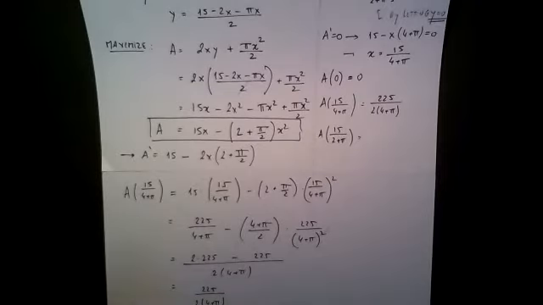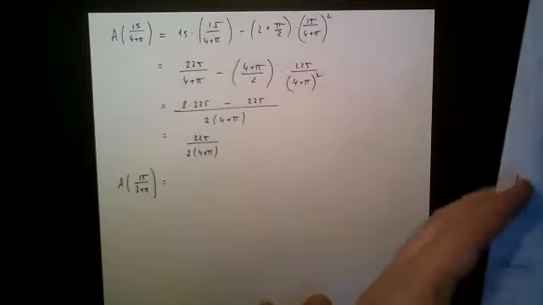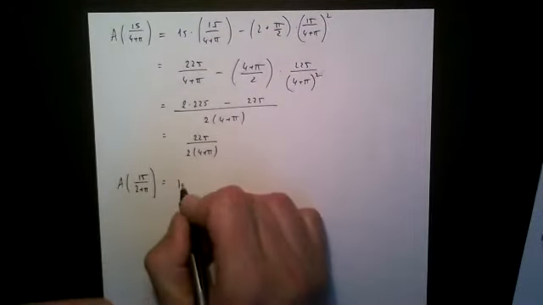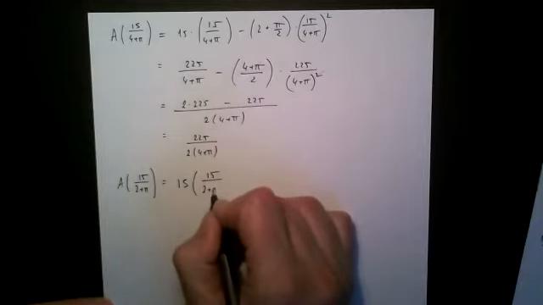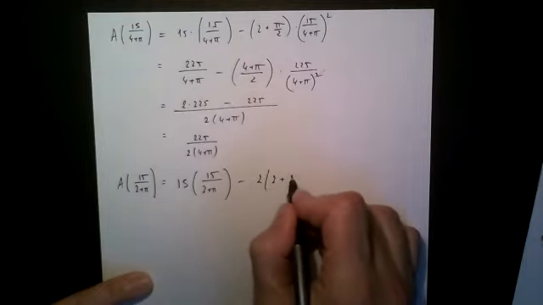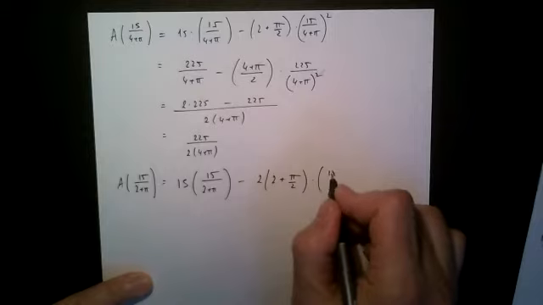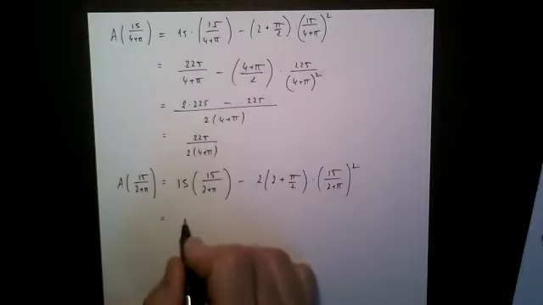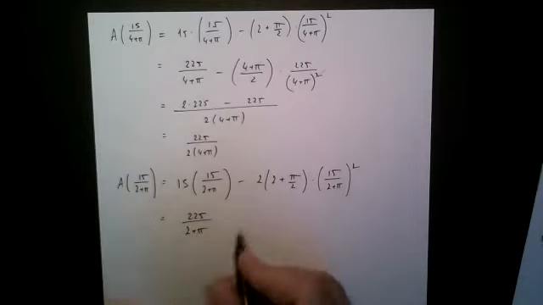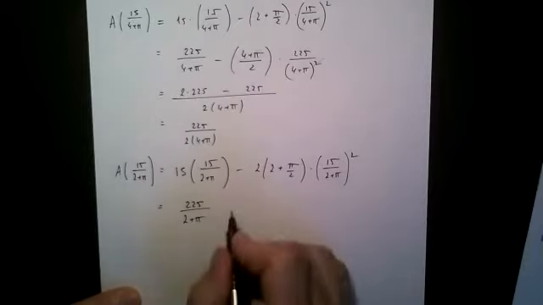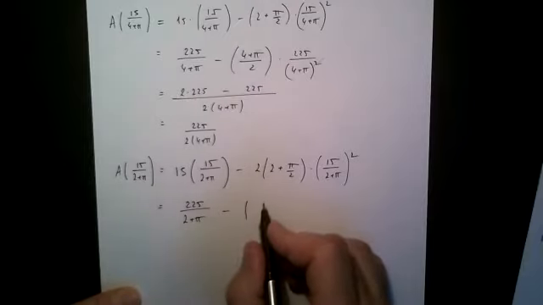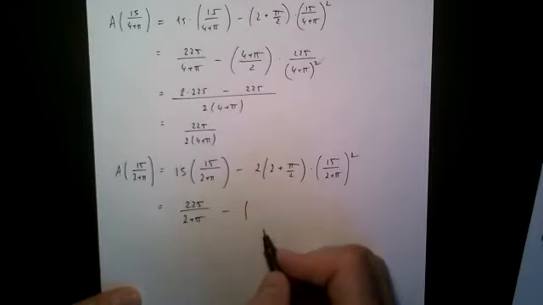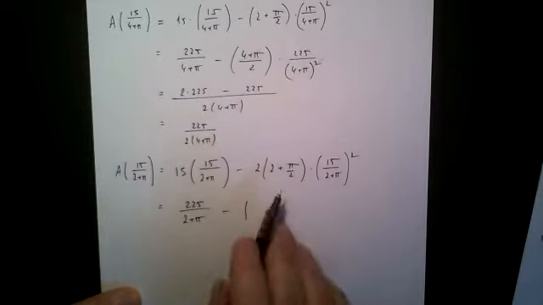I have to move up the paper, but let me just write it at least. 15 over 2 plus pi minus 2 plus pi over 2 times 15 over 2 plus pi squared. 225 over 2 plus pi minus, one second, why is this 2 here?